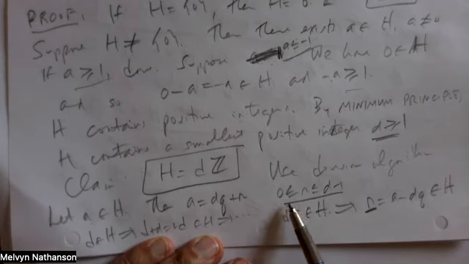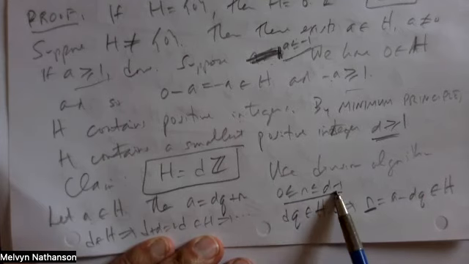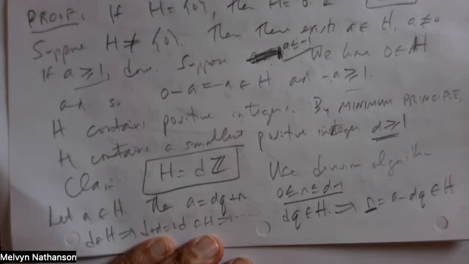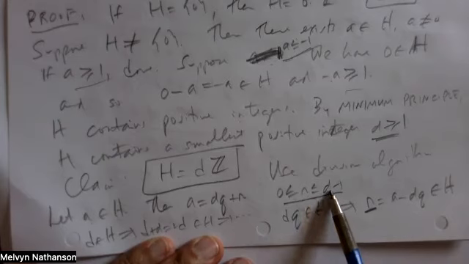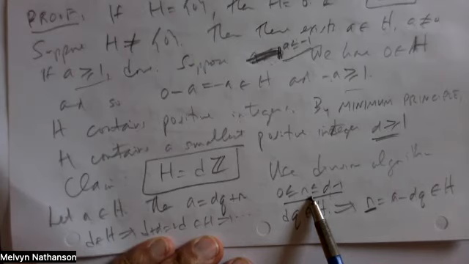And what do we know about R? It's between 0 and D minus 1. Could be any of these numbers. But D is the smallest positive element in H. And if R were positive, it would be strictly smaller than D, which is a contradiction. So R can't be positive.